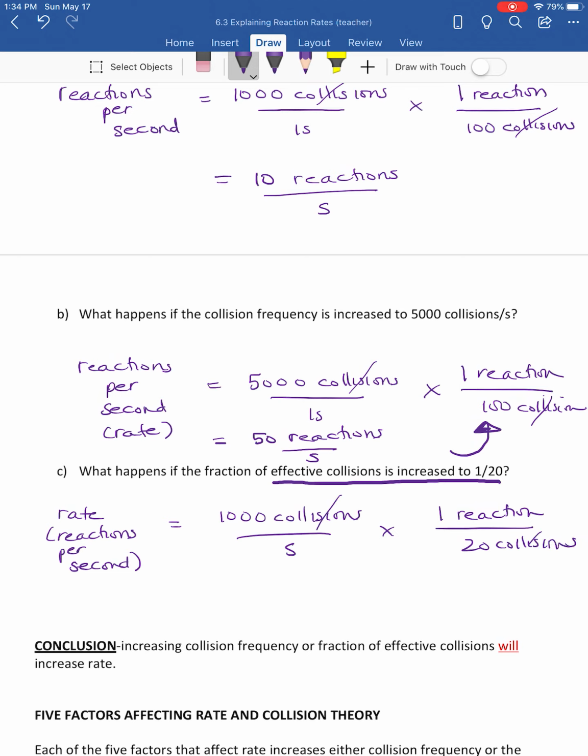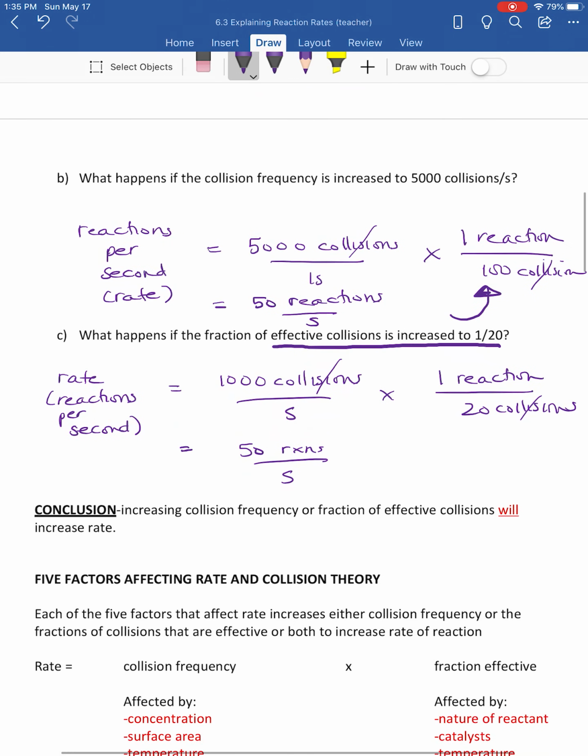Okay, and this brings me to 50 reactions per second. So you can affect your rate in one of 2 ways. You either up the frequency or you up the efficacy, the efficiency. Okay, more effective collisions.